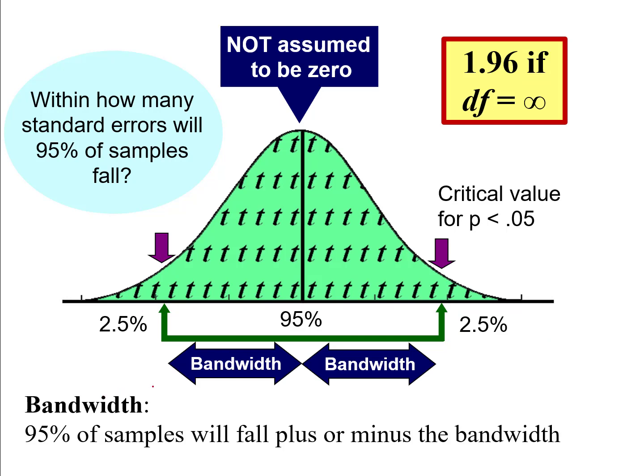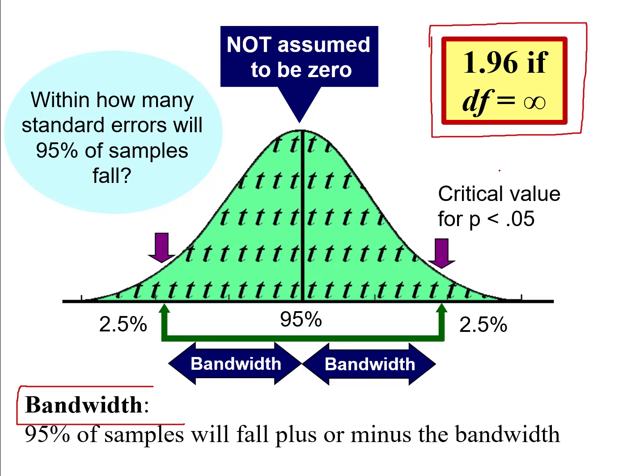Now, I'm going to use the term bandwidth to describe the distance above or below the true population parameter within which 95% of samples will fall. For example, if I have a very large sample and I look up my critical value on a t-table, and the critical value is 1.96, that is the critical value for p less than 0.05, given my degrees of freedom.